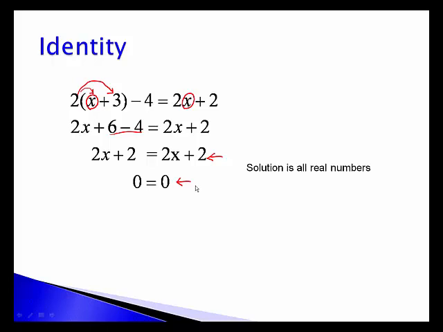Let me remind you, you know it's an identity, once again, when all of the x's eliminate, but this time you end up with a true statement. In a contradiction, you ended up with something that looked like this, a false statement. But in an identity, you end up with a true statement.